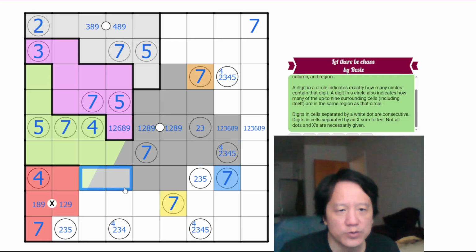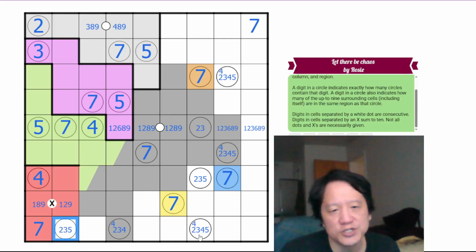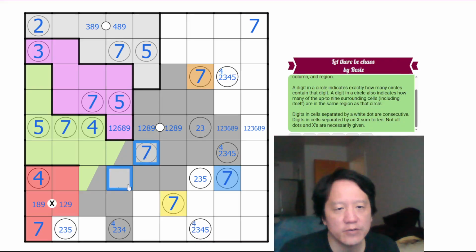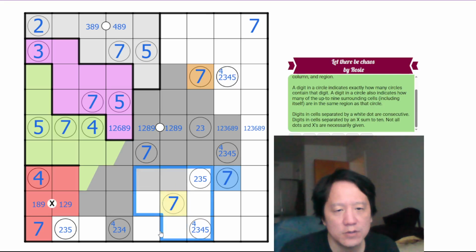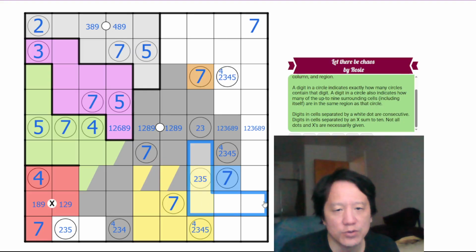It could be 2 more there. So none of these cells can reach that circle. Yellow has the same problem, right? So we have the 7 surrounding here, and we have 2 more trying to reach that. Same with the yellow. Same with the blue.